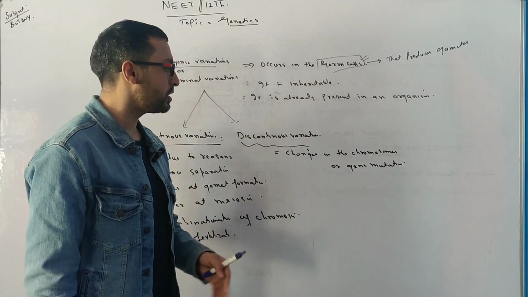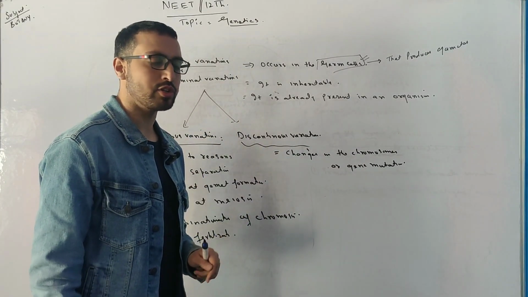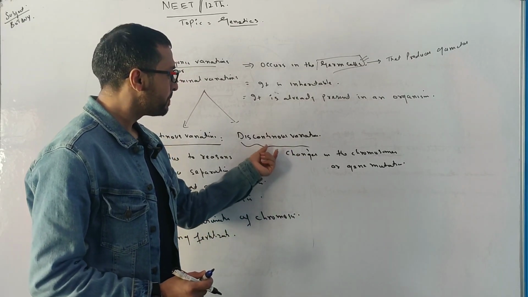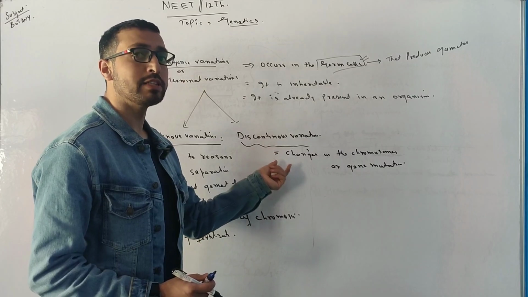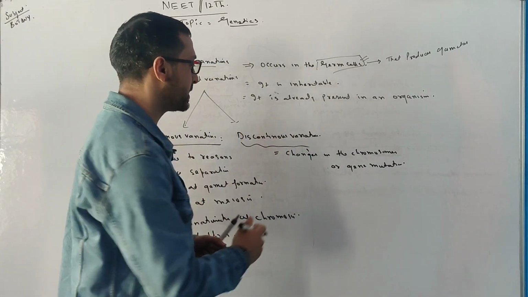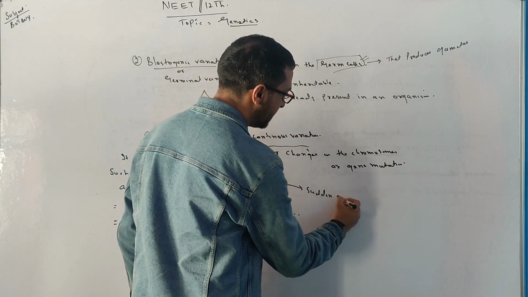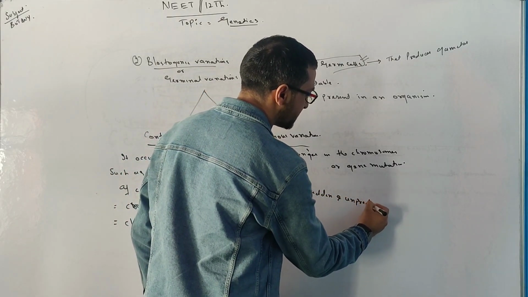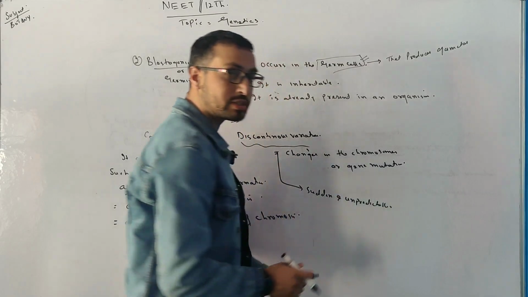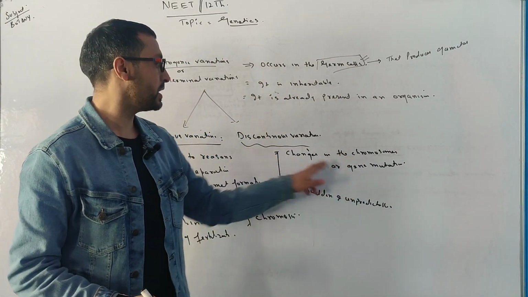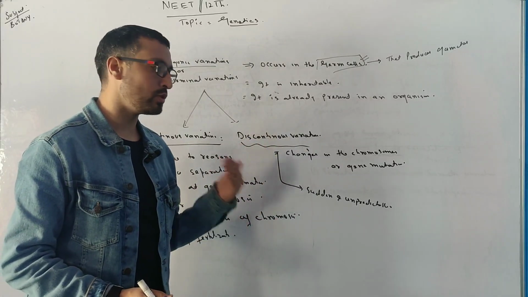Let me add one thing here: sudden and unpredictable change. So sudden and unpredictable change in the chromosome or gene mutation is called discontinuous variation.